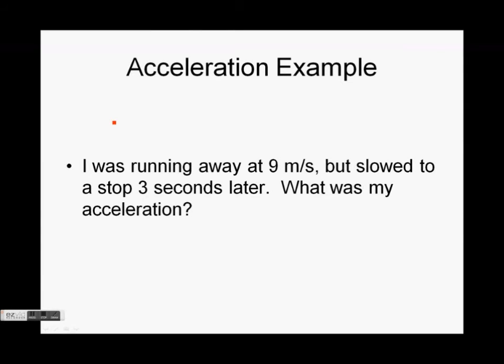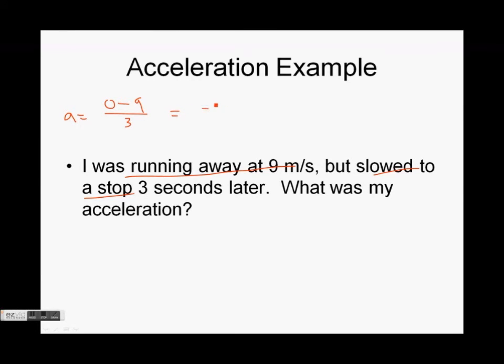Another example. I was running away at 9 meters per second, but slowed to a stop 3 seconds later. What was my acceleration? You know the formula, let's just fill in the numbers. Acceleration equals my final velocity. My final velocity says I slowed to a stop, so my final velocity was 0, minus my initial velocity, it says I was running at 9 meters per second, divided by the time it took, which was 3 seconds.